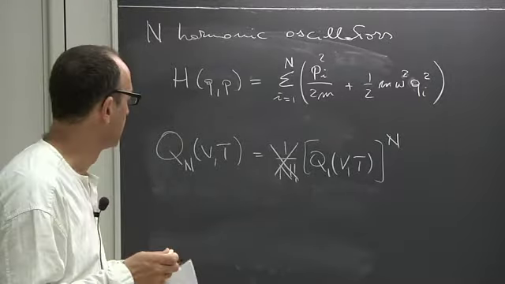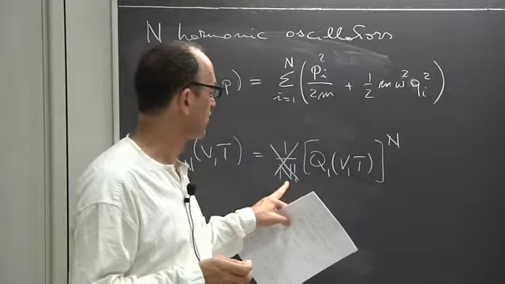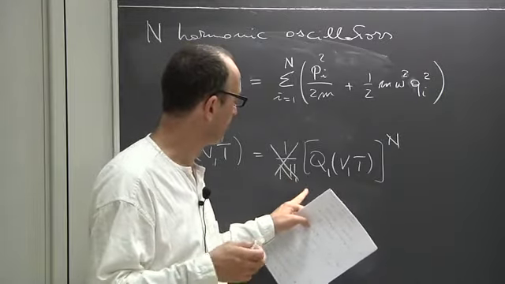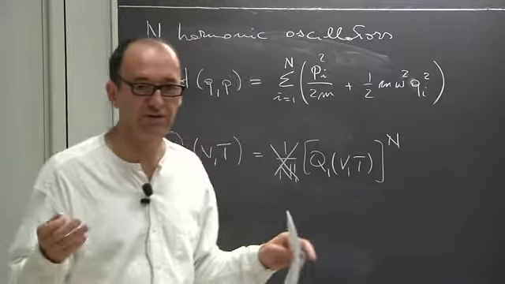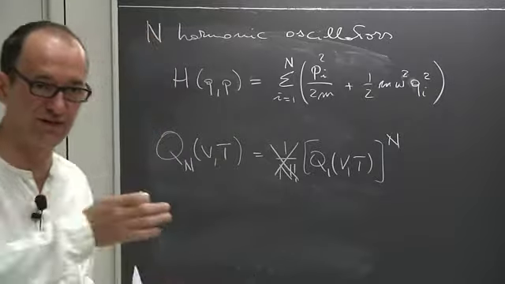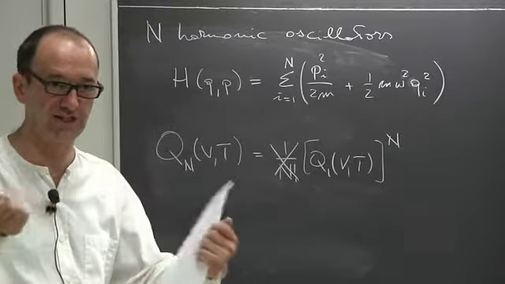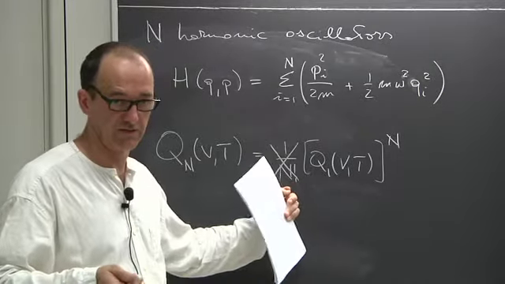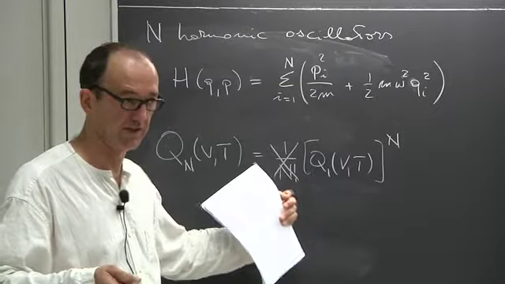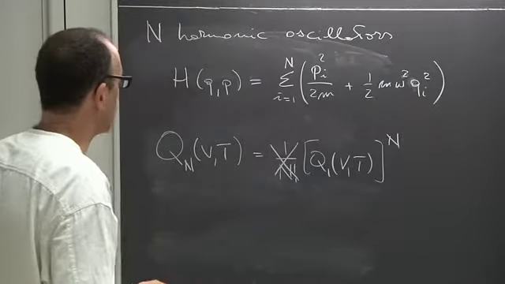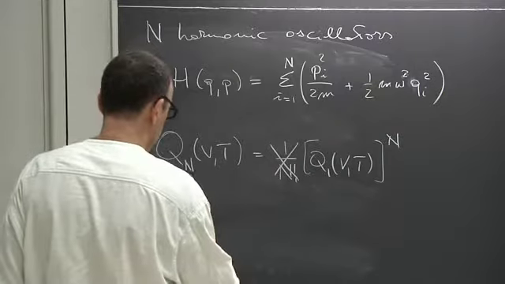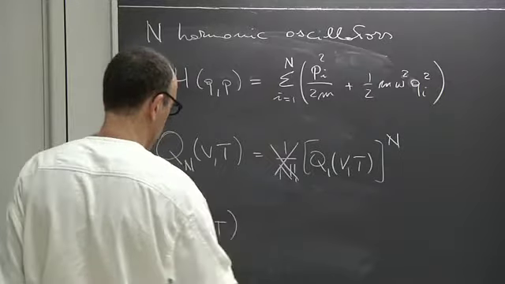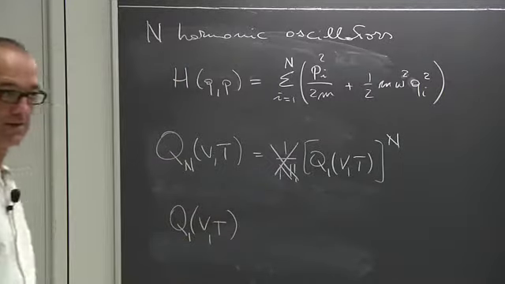There will be, so the system will not visit a configuration where the particles interchange one with the other. Okay, so you don't need to correct with 1 over n factorial. So what we have to do is to compute the partition function for one single harmonic oscillator.